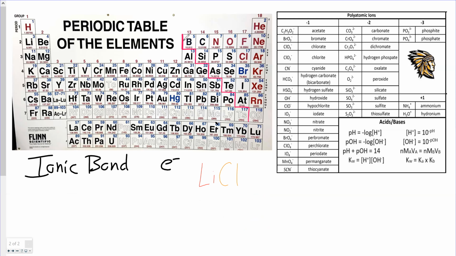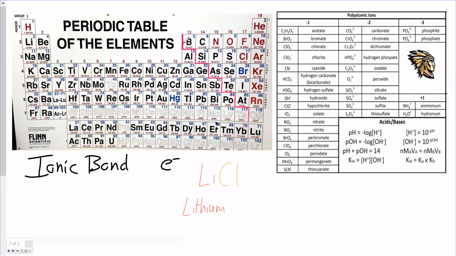Lithium. Thank you, Paul. You do need your periodic table if you do not have it. And then Cl is what element, but we're going to change the ending. Chloride. Excellent.